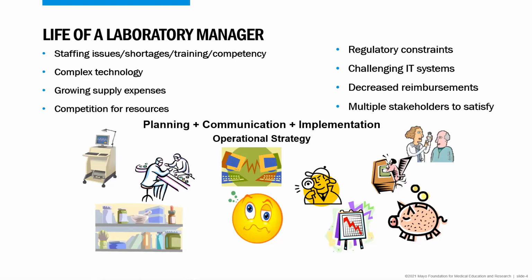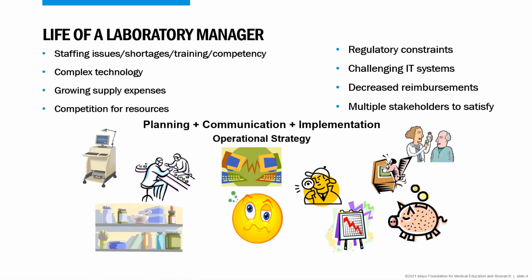So how do you achieve all this on a daily basis, weekly basis, monthly basis? Having proper planning, communication, and also an implementation plan is key to having good operational strategy or excellence.